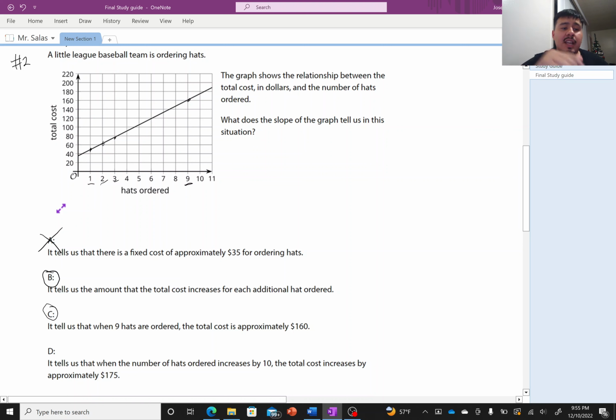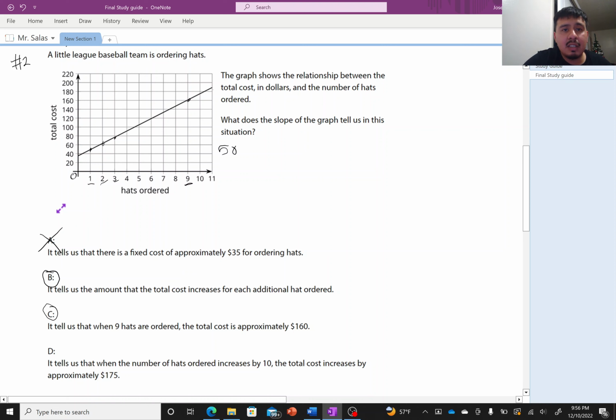Now, let's look at D. It tells us that when the number of hats ordered increases by 10, the total cost increases by approximately $175. All right, so let's see. Let's say that we are at 1 hat. At 1 hat, it looks like it may be at 50. Let's just say 50. So if we add 10, we're gonna be at 11.